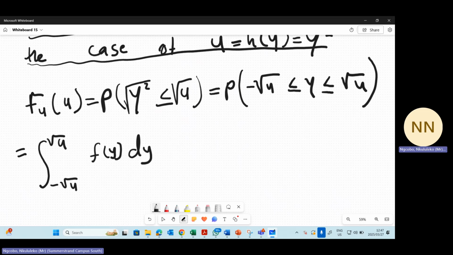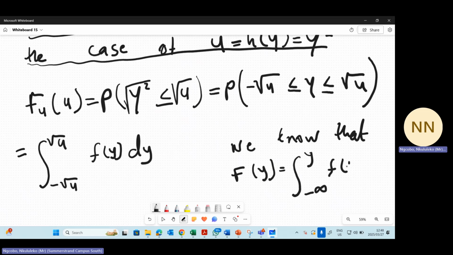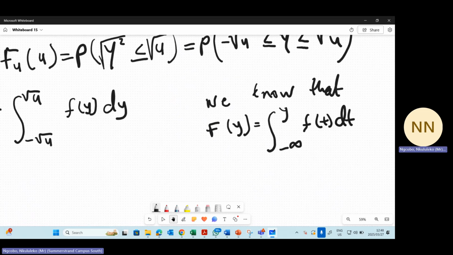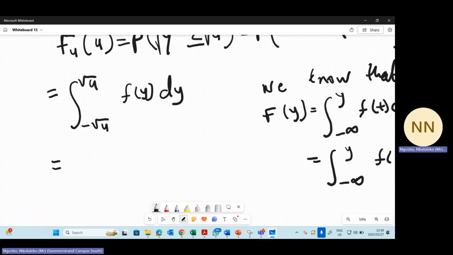But what do we know? We know that F of y is just an integral from minus infinity to y, f of t dt, right? This could also be represented as just integration from minus infinity to y, f of y dy, right? So keep this in mind.